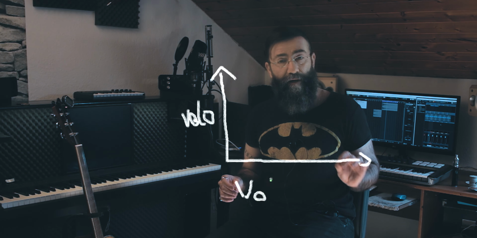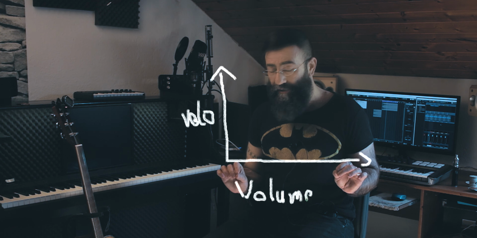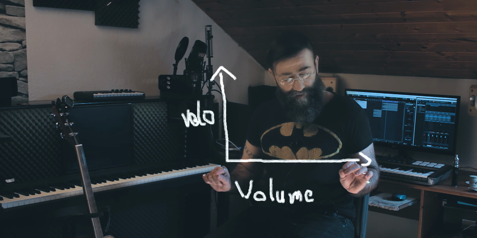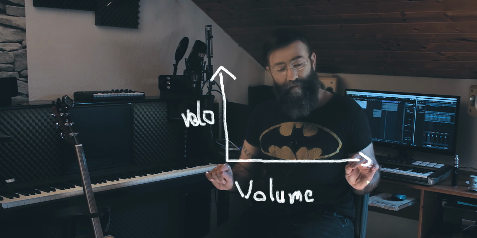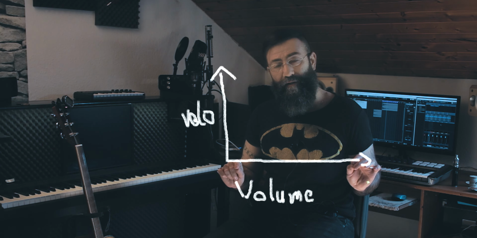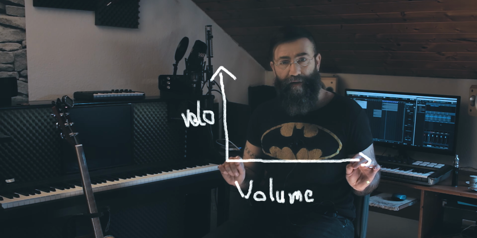Picture on this axis that you have increasing velocity, and this is increasing volume, right? Imagine your soft sample is represented by a blue line and the hard sample by a red line. Now at low velocities, the volume of the soft sample will be at a maximum, and the level of your hard sample will be at a minimum.